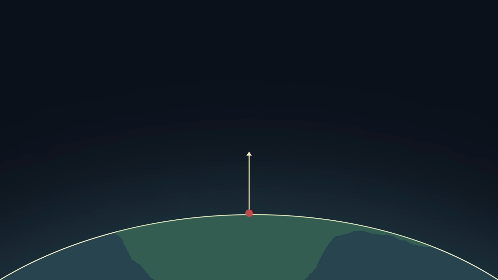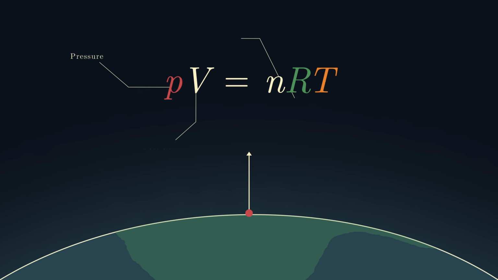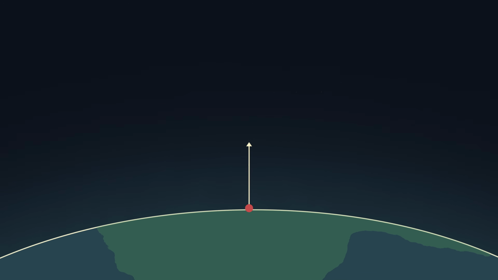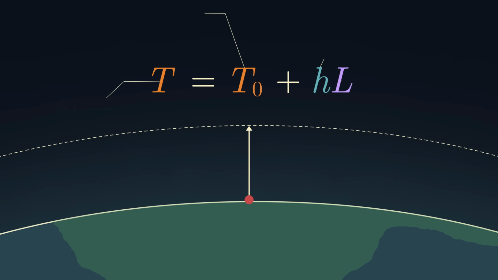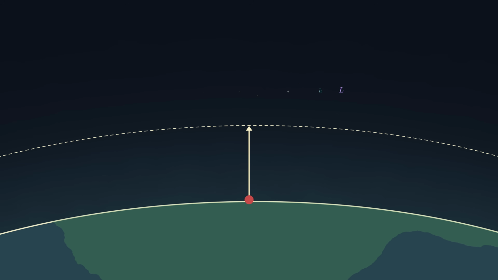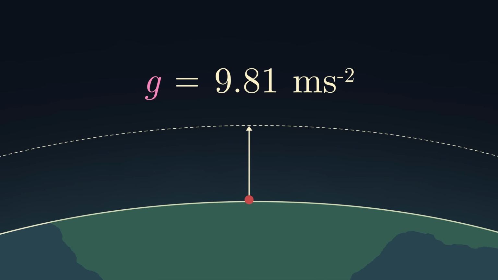Firstly, we can assume that air is an ideal gas, so satisfies the equation PV equals nRT. We can also assume that within the troposphere, temperature decreases almost linearly with altitude. And finally, we can assume that gravitational field strength is approximately constant.